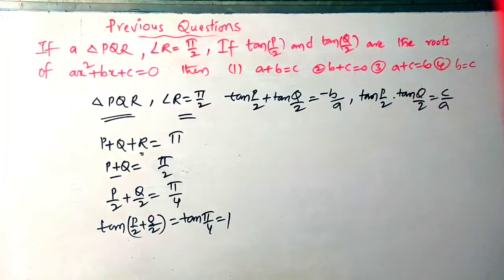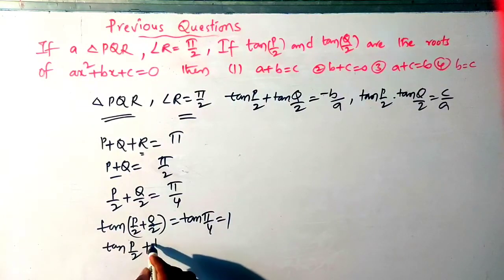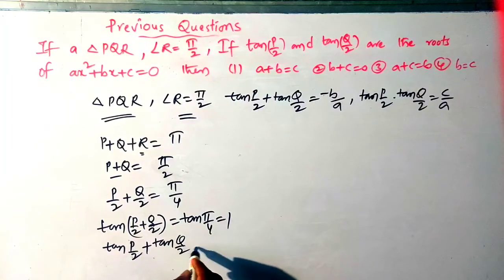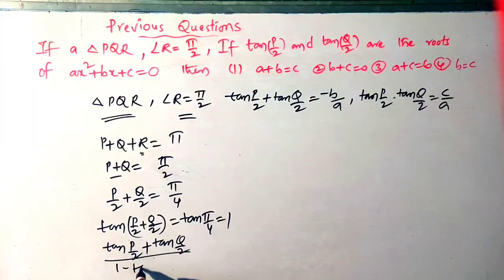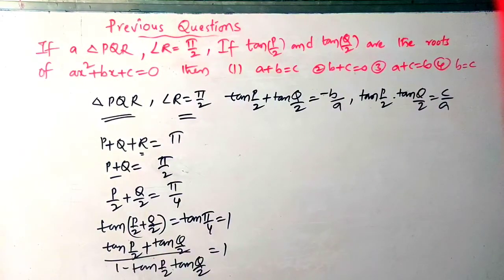So what is the value of tan(pi/4)? That is 1. The formula for tan(a + b) is (tan(p/2) + tan(q/2)) divided by (1 - tan(p/2) tan(q/2)), and that equals 1. So we substitute the values.